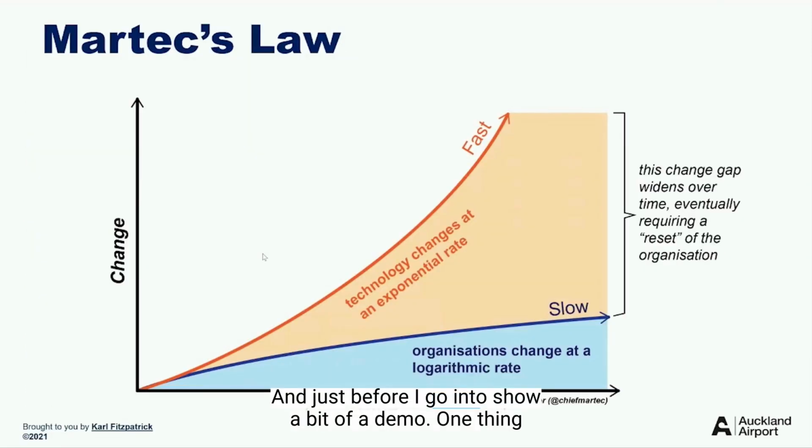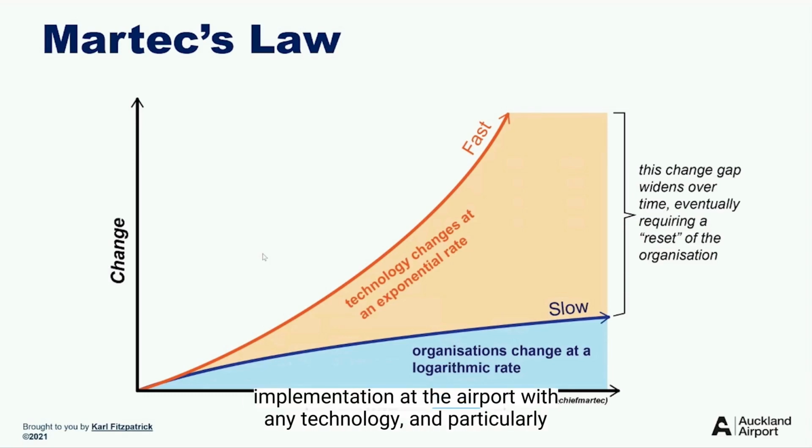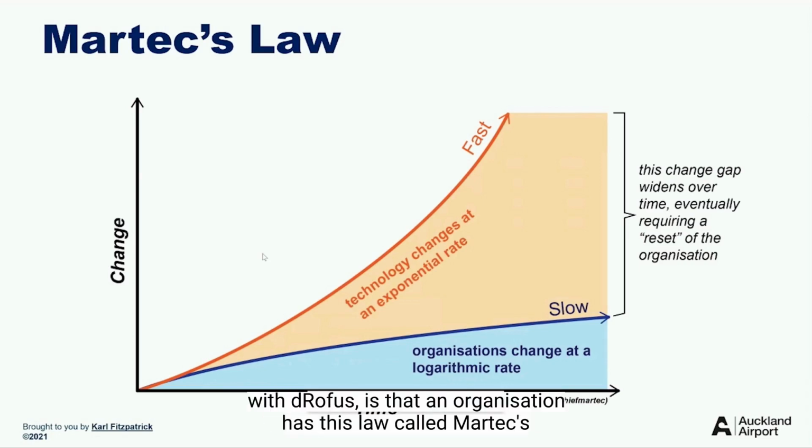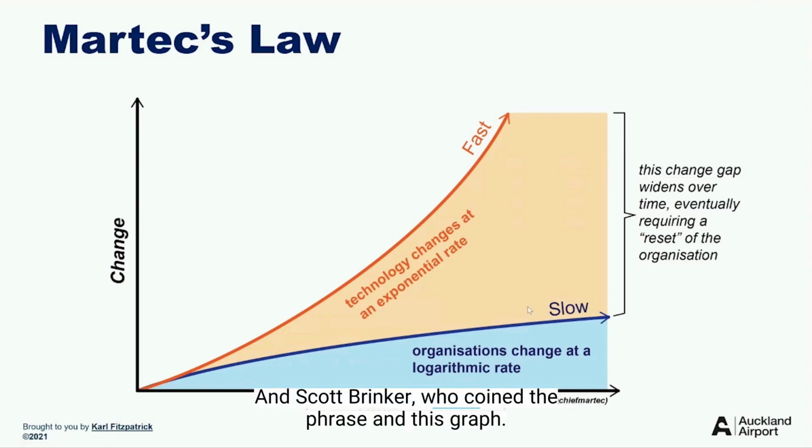And just before I go into a demo, one thing that I've noticed in the early stages of implementing any technology at the airport, and particularly with dRofus, is this law called Martec's law, which comes from the marketing technology industry, and Scott Brinker, who coined the phrase and this graph.